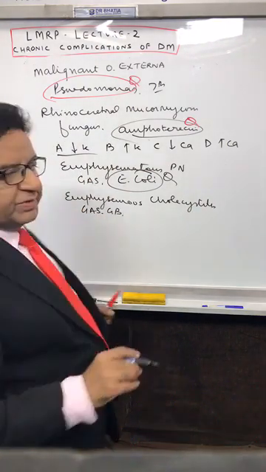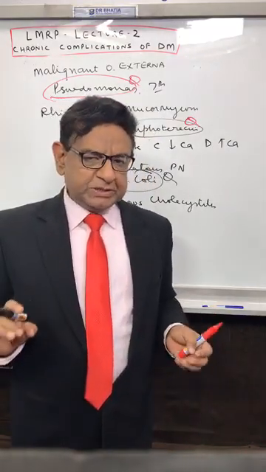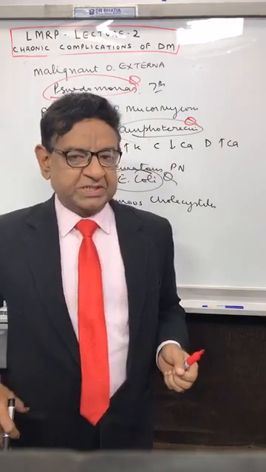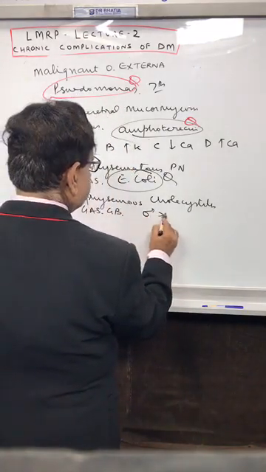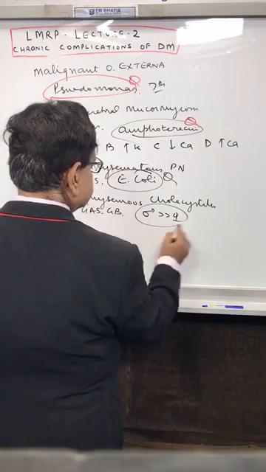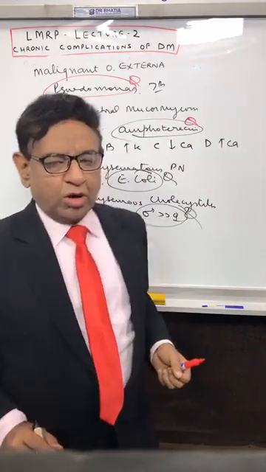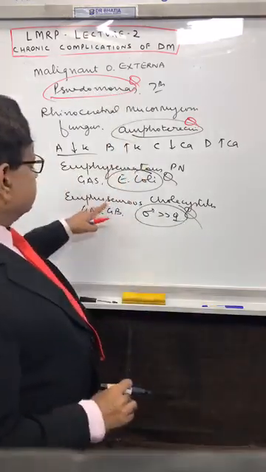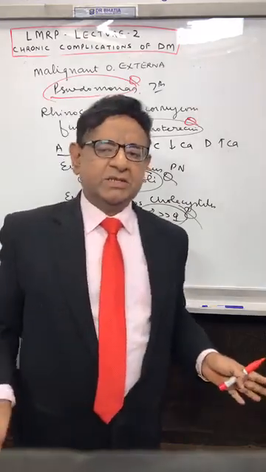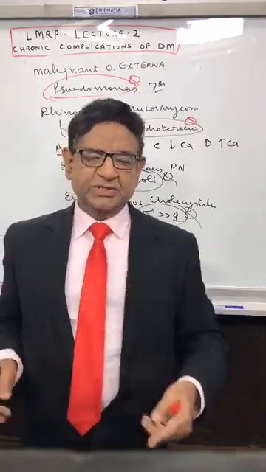Both these conditions you can see by X-ray abdomen. But what is the unique question about this condition? It is more common in males. Remember, normally gallbladder diseases are more common in females, but this is an exception. In fact, this entity is seen almost exclusively in diabetic males, not in females. This is the latest question that came last year.